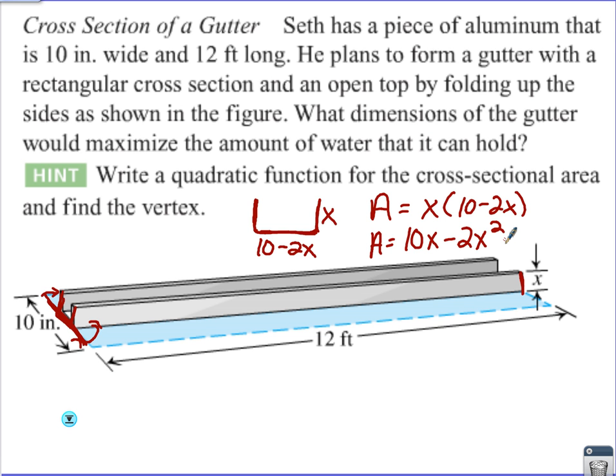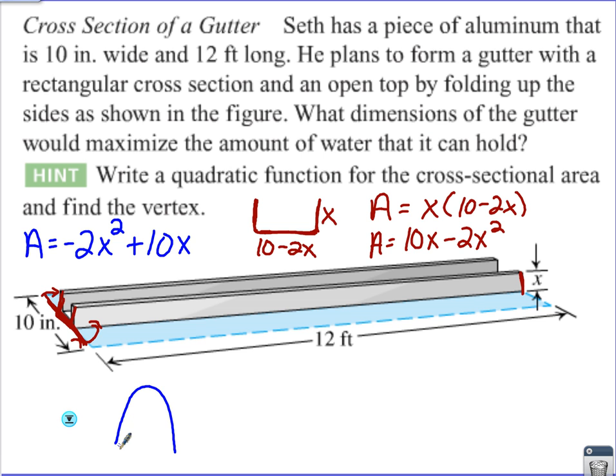That is an upside down parabola. I'm actually going to write the negative 2x squared first. We want to maximize that area. A maximum area occurs at a vertex. This is an upside down parabola denoting area.